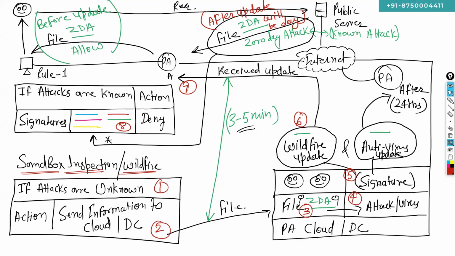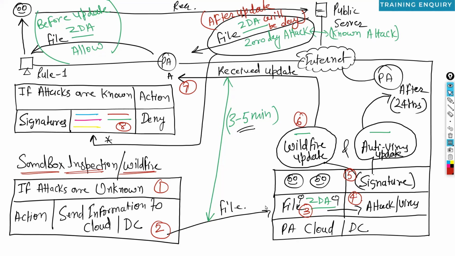Those signatures will be generated in two types. The first is the WildFire update, which contains the same signatures, and it will be detected within 3 to 5 minutes and sent to your Palo Alto firewall, and the firewall will accept it.